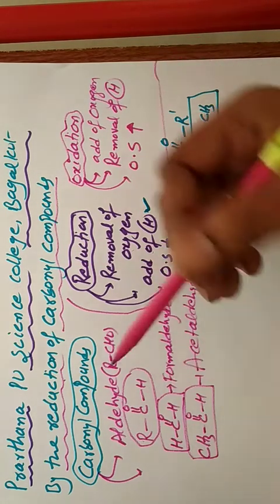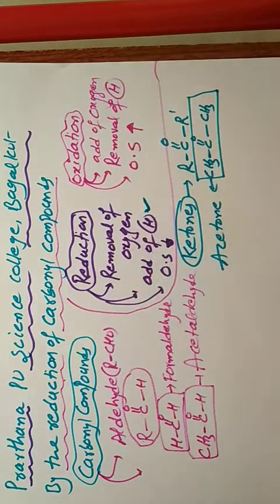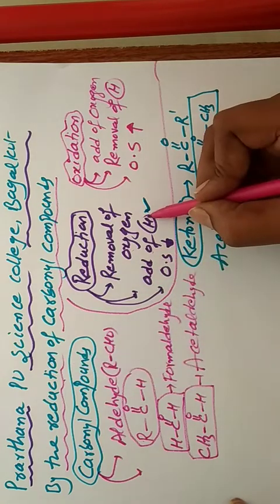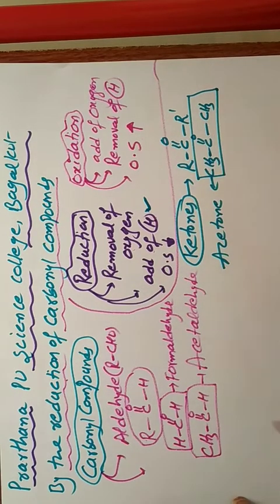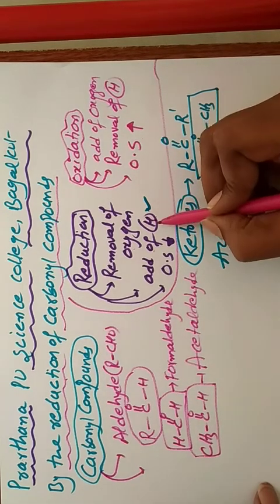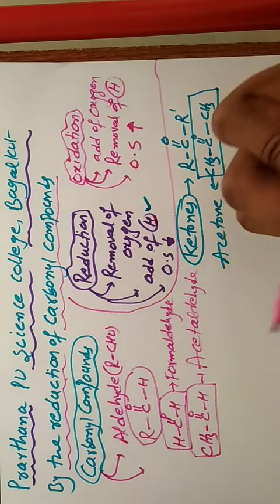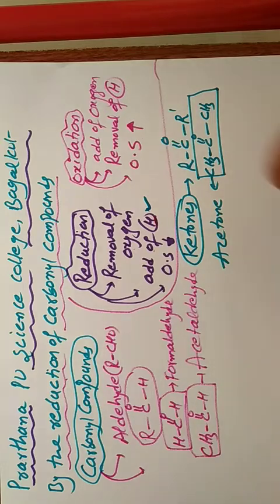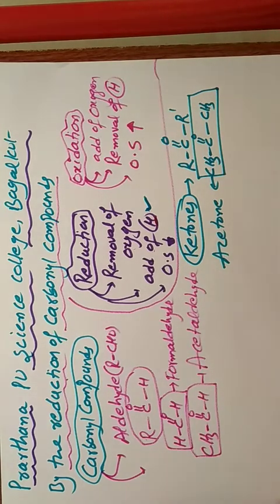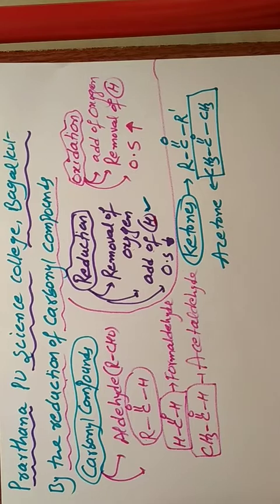Next, important basics. In organic chemistry, reduction means we add a hydrogen atom, not a hydrogen molecule. According to the definition of reduction, we add a hydrogen atom, but a hydrogen atom is not available in atmospheric conditions. H2 gas molecule is available, but the atom is not. That's why in organic chemistry, reduction reactions take place in the presence of reducing agents.